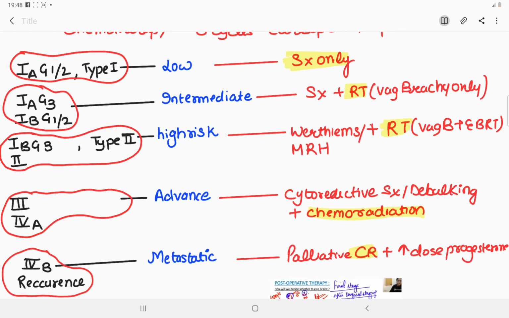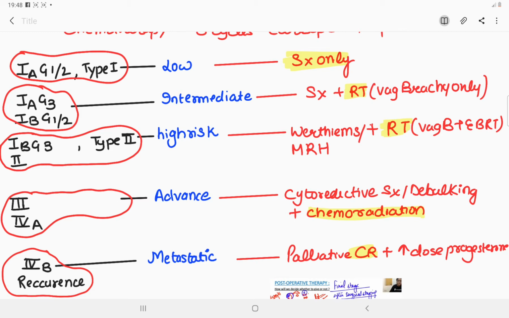Then surgery and radiotherapy, that is vaginal brachytherapy, is given. 1B grade 3, stage 2 and type 2 are considered high risk. In this, Wertheim's or modified radical hysterectomy is done, plus vaginal brachytherapy and external beam radiotherapy.